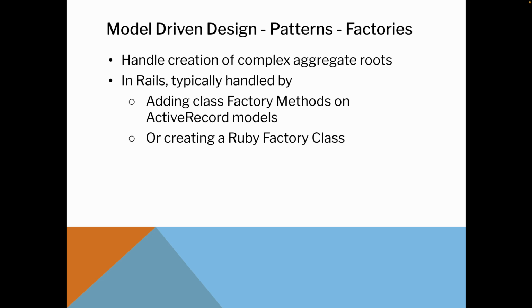But if every time you create a class, you have to set up a location and set up an instructor and set up a whole bunch of other objects with the class, then that's a more complicated object. So you can create a factory. But in Rails, typically, one interesting thing about Rails is factories could be added as factory methods on an active record class.